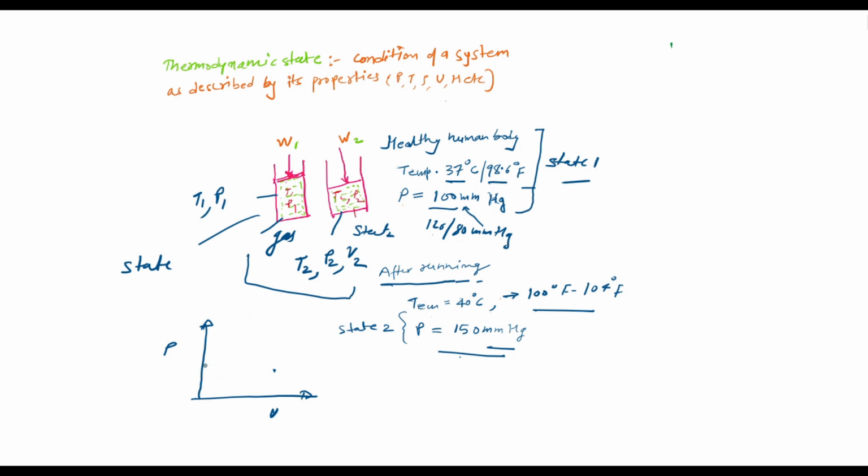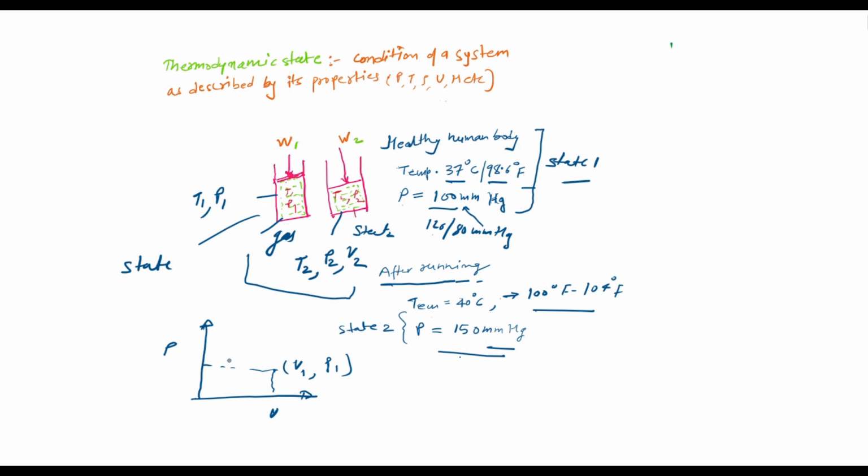We always write x comma y, so here x is V, so it is V1 comma P1. In the x direction it is volume, and in the y direction it is pressure.